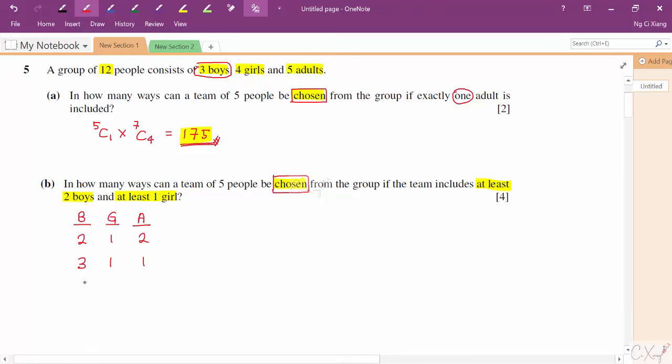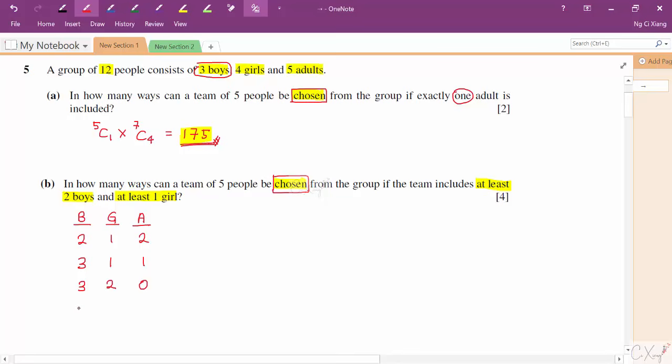How about 3 boys with 2 girls and 0 adults? This is also one of the cases where we still fulfill the restriction, at least 2 boys and at least 1 girl. Besides these cases, we consider increasing the number of girls.